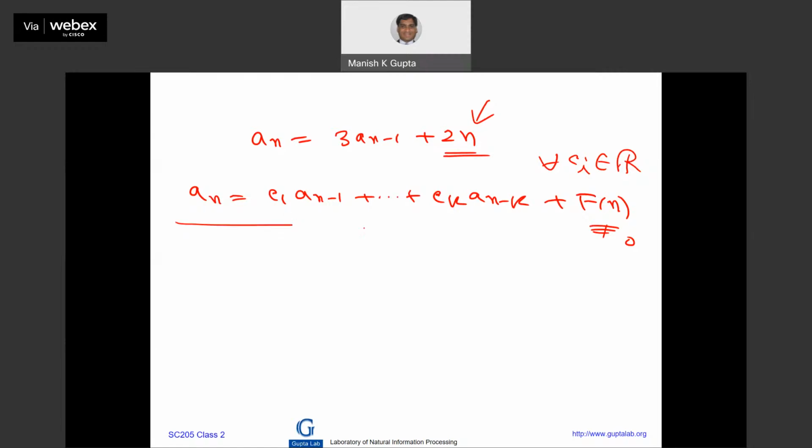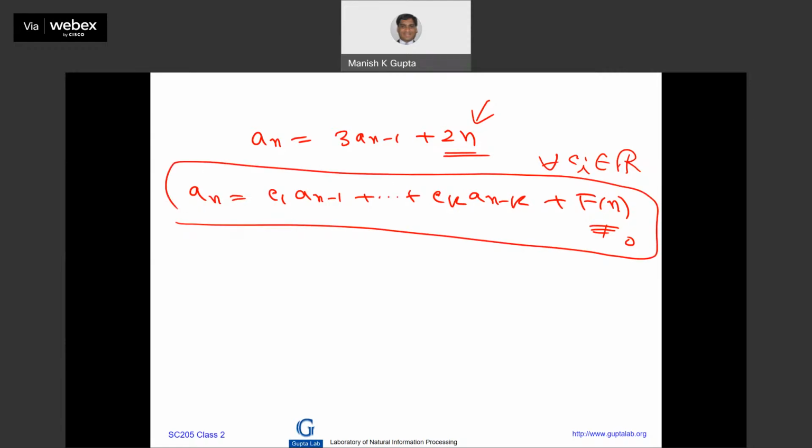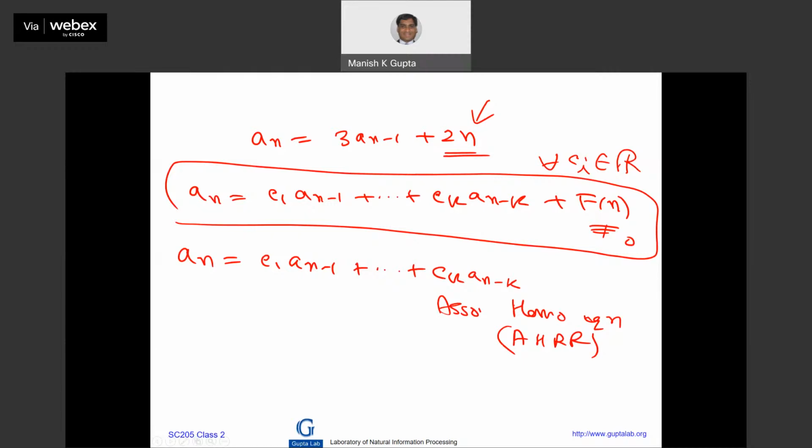So given a general equation like this, if I look at only this part, c1 a(n-1) plus ... plus ck a(n-k), this is your associated homogeneous recurrence relation. So we call it AHRR, associated homogeneous recurrence relation.